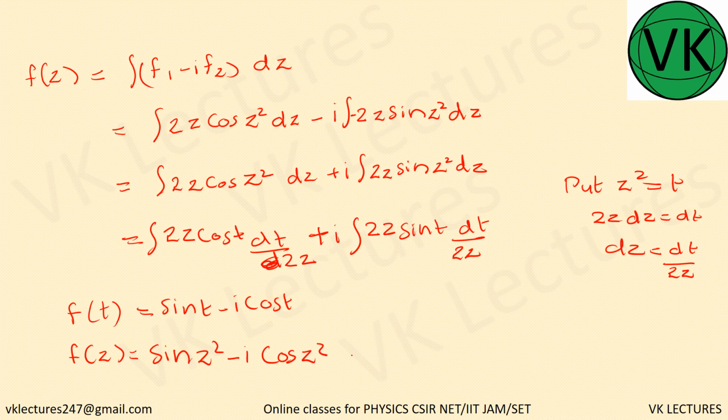Or in other words, we can write this as minus i e raised to i z square, in terms of e raised to i. So this is the answer.